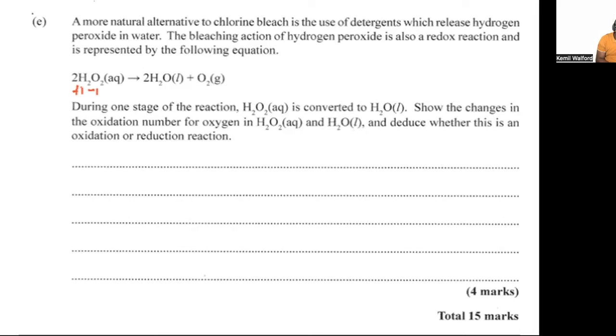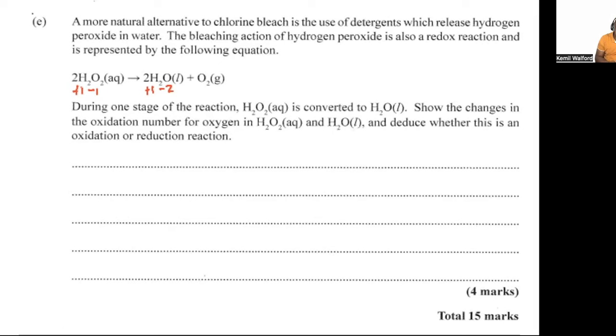Over here for the water, the hydrogen is still +1, it's 2 of them. The oxygen is -2. Over here for the elemental oxygen, we're not concerned about its oxidation state. They did not ask us. This would probably blow your mind. So let's just focus on what they've asked us.